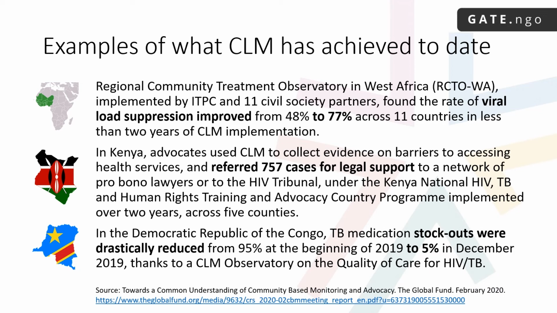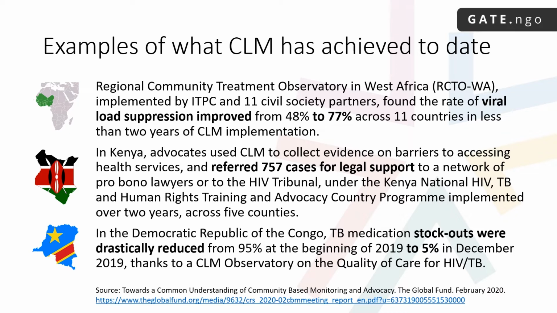To share a few examples of what community-led monitoring has achieved, here are 3 examples from the African context. The Regional Community Treatment Observatory in West Africa, set up by ITPC, found that the rate of viral load suppression improved, this is for HIV, from 48 to 77% as a result of the community-led monitoring that they conducted.